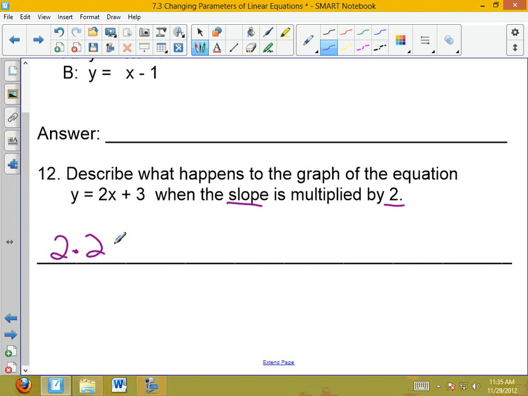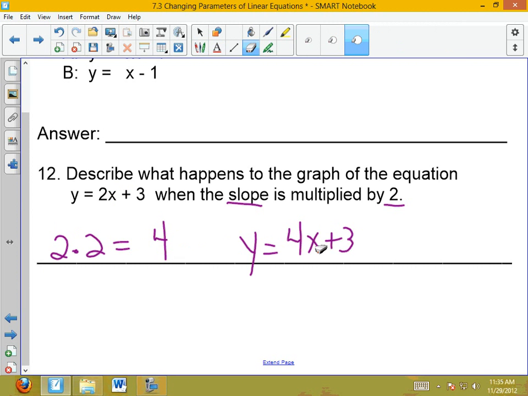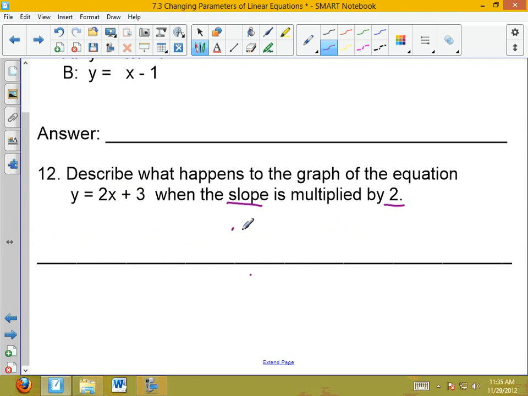If I multiply 2 times 2, what is my new slope? 4. So my new slope is y equals 4x plus 3. Let's write these underneath each other so we can compare them. So I multiply 2 times 2, because that's what it said, and I get 4. So my new equation is y equals 4x plus 3.